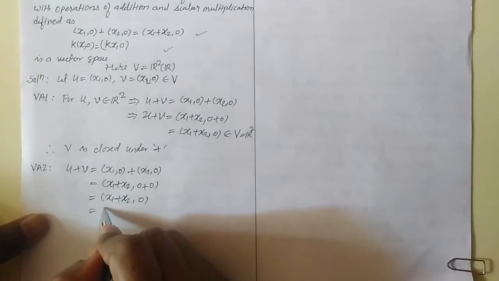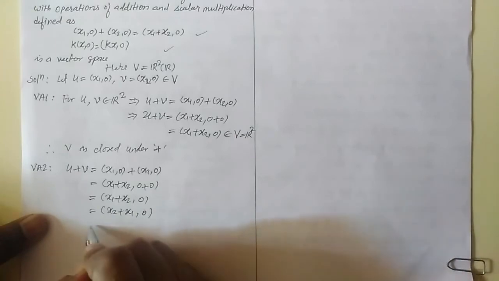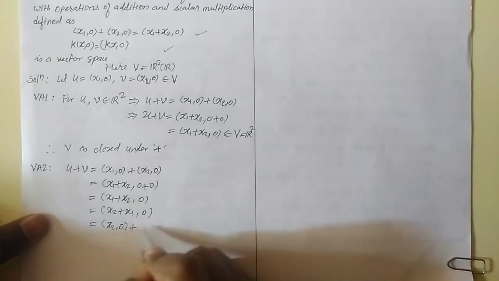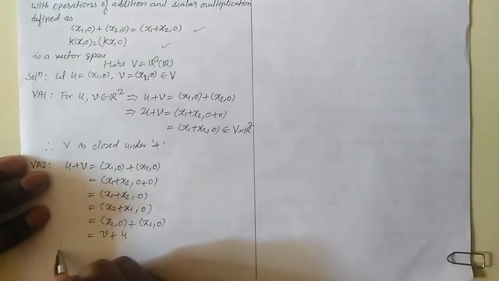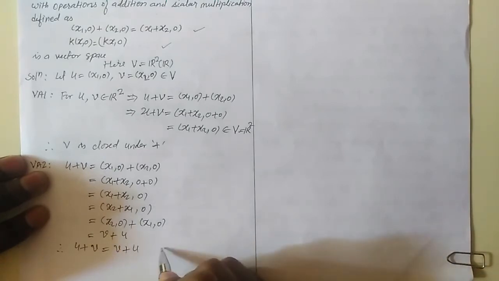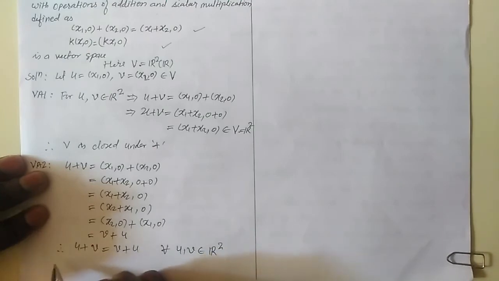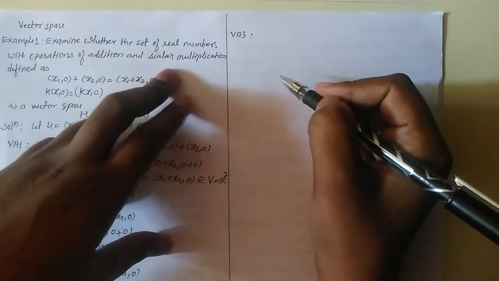This can be written as (x2 + x1, 0), which is (x2, 0) + (x1, 0), which is v + u. Therefore u + v = v + u for all u, v belonging to R2.